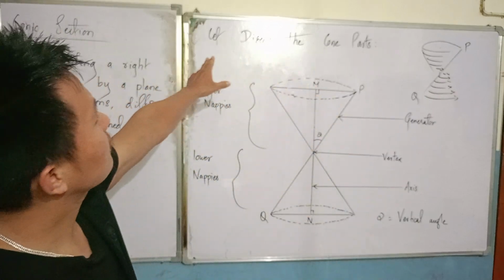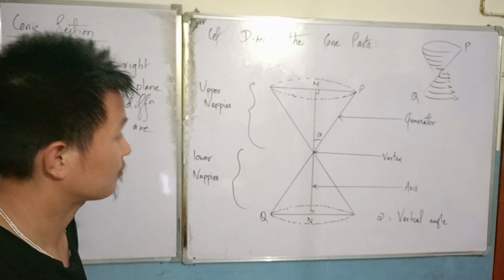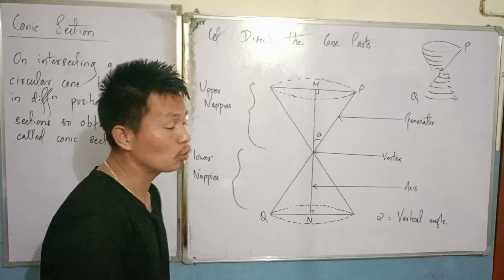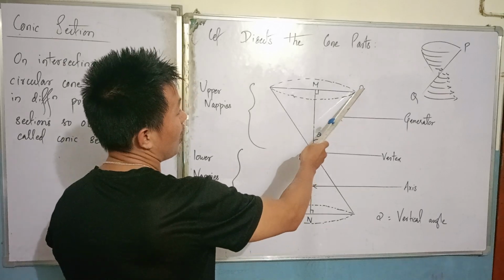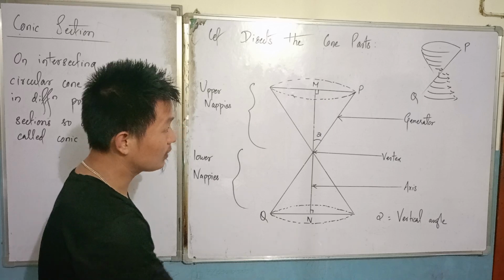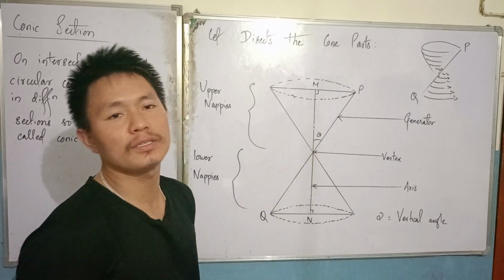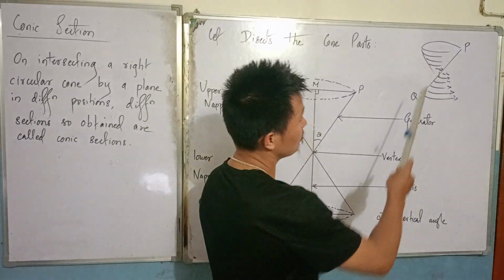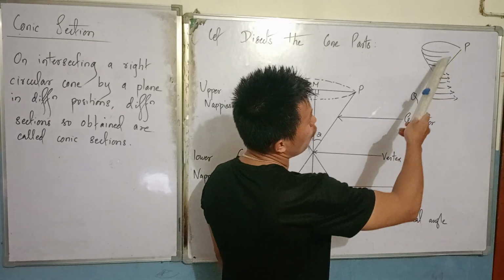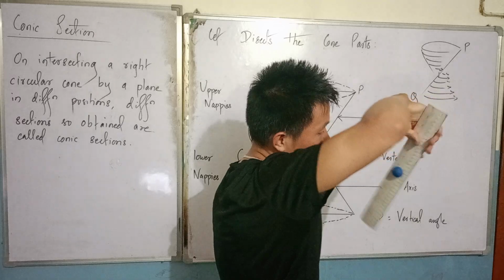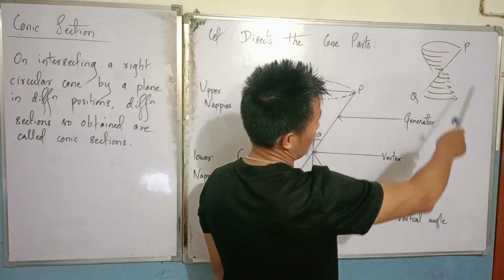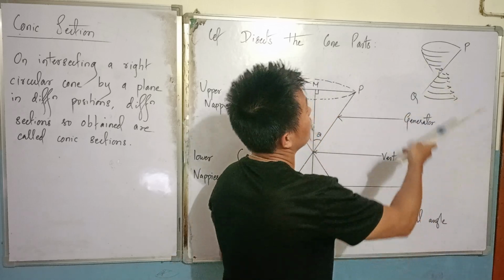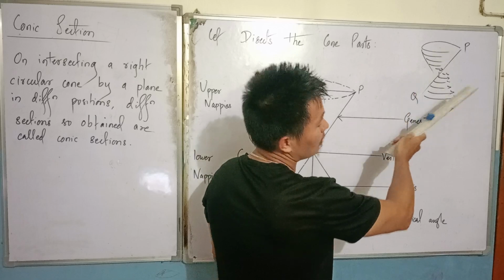Okay, so before I move into the conic sections, the circle part and the ellipse part, let's first dissect the parts of this cone. Now in this there are two cones formed, and those two cones are formed by this line PQ. This PQ is known as the generator. The reason why PQ is known as the generator is, when you whirl this PQ around, then this kind of figure is formed, on the upper and on the lower also.